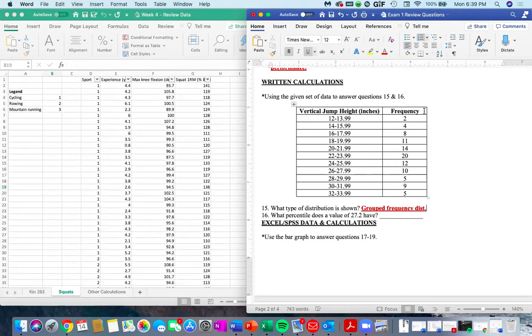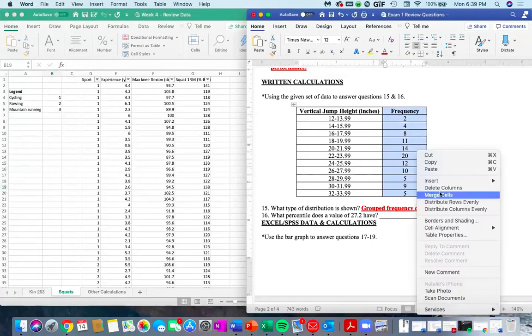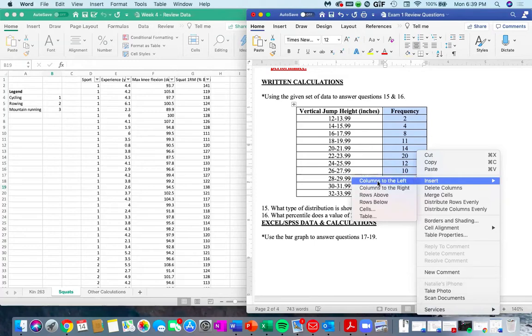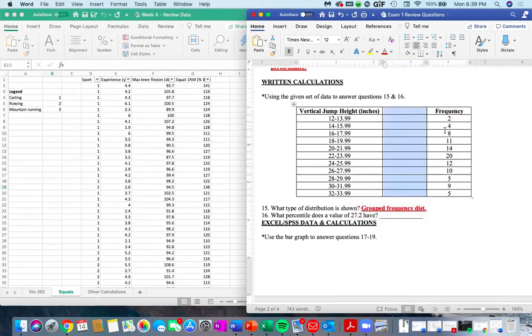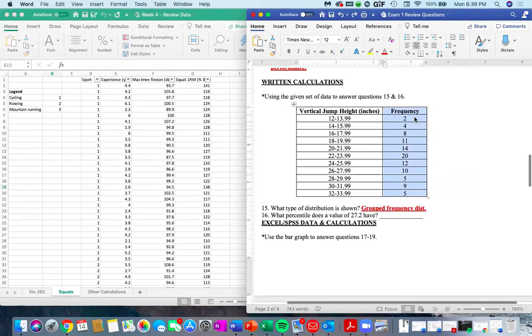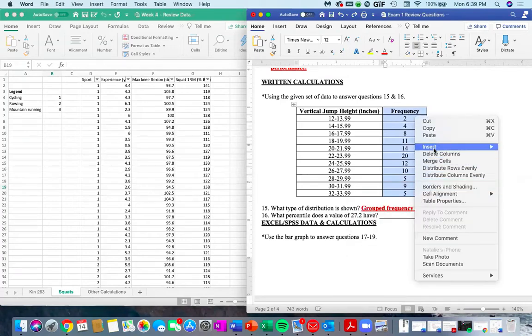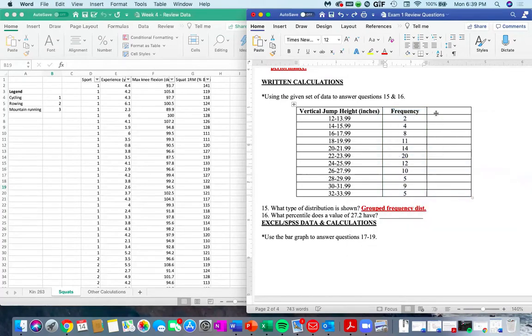So the first thing that we want to do is insert columns to the right. We need a cumulative frequency column.